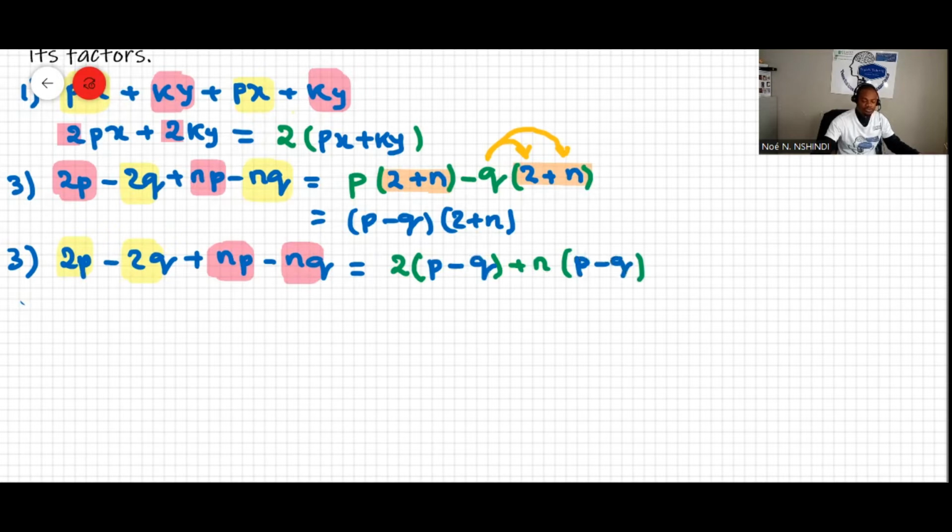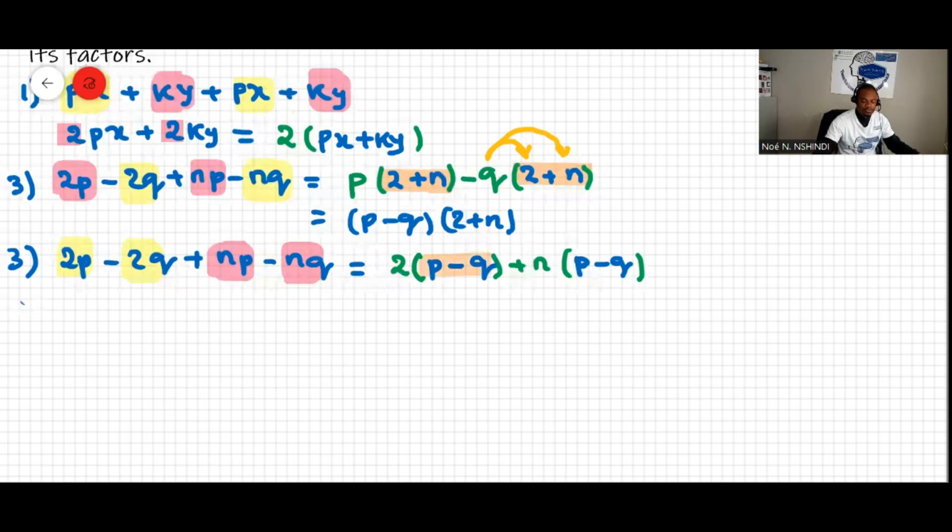Now you notice we have p minus q common, so this will be 2 plus n, and then p minus q, which is the same as this one. It's the same thing. So it depends how you select. As long as the factors are common, it's okay.